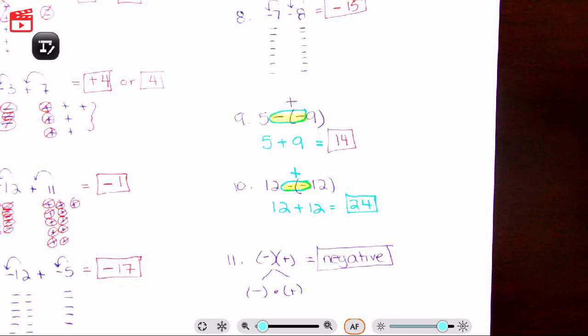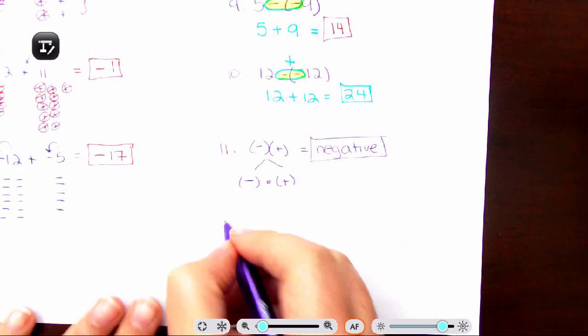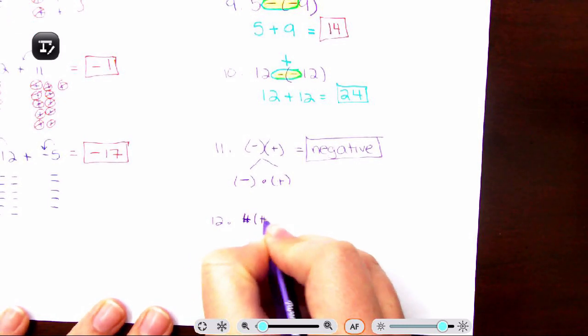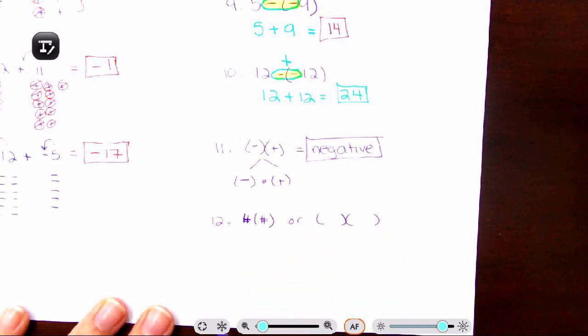Next one, it says, what mathematical operation do you have when you have two parentheses? So just like we said here, I kind of already answered that question, but let's just put number 12. Number 12 says, if I have a number next to a number, or if I have two parentheses like this, what operation?